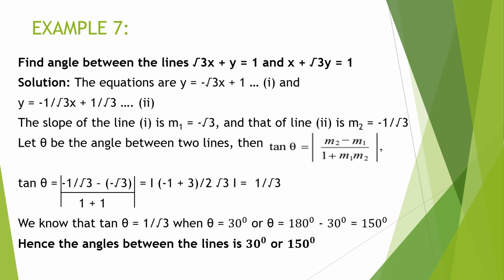Now we know that tan of 30 degree is 1 upon root 3. Also tan of 2 pi minus theta is minus tan theta. In the second quadrant, if you remember, all STC, so tan of 2 pi minus theta is minus tan theta. So if your theta is 180 degree minus 30 degree, which is 150 degree, then the value of tan theta will be minus 1 upon root 3. So the possible values of the angles between the lines are 30 degree or 150 degree.